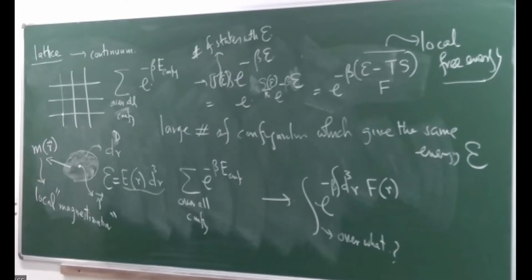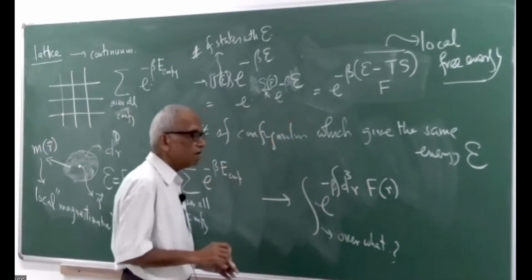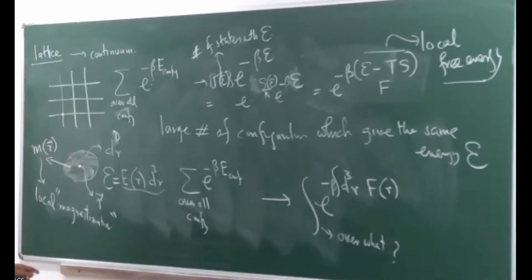Now this changes the picture of what you are familiar with in integration and so on very drastically. The F that I have written down here, the free energy, is going to be determined, just as it was before, by how many spins up, how many spins down, and so on.